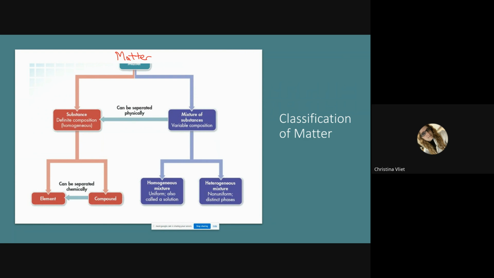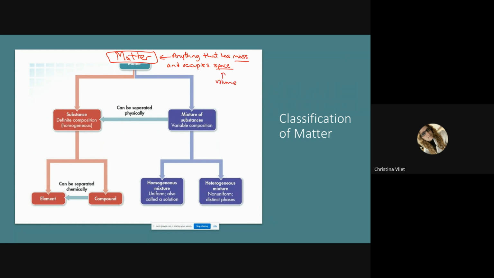Anything that has mass and occupies space, which we also know as volume, right?